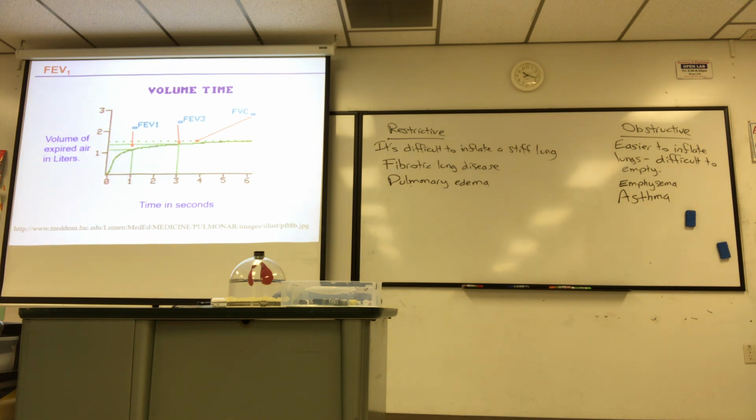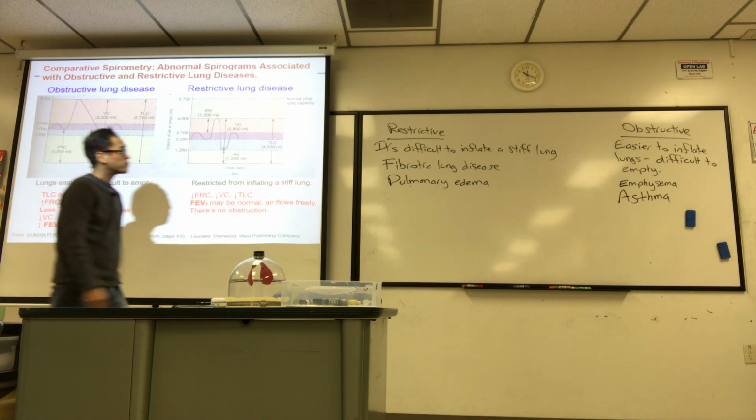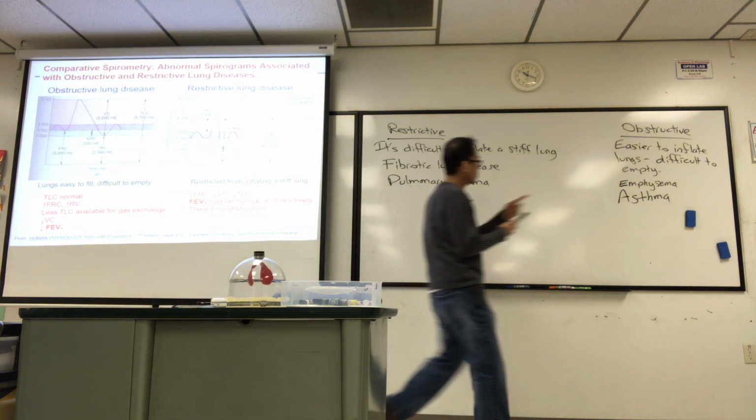Let's look at the other thing I talked about, where you take normal breaths and a deep breath. I got this from another textbook. For obstructive lung disease, the main thing to look for is decreased vital capacity, decreased FEV1 for obstructive. That's what we hear.